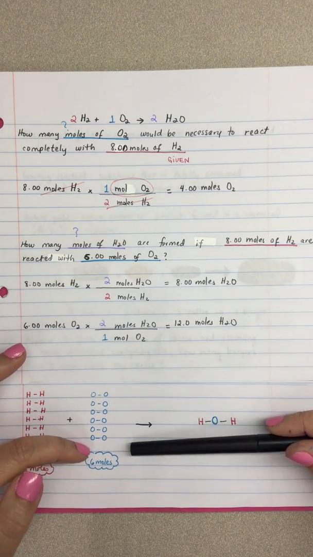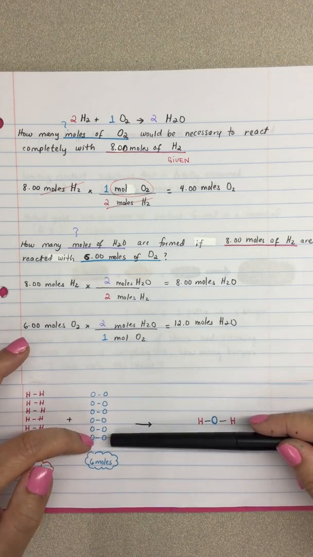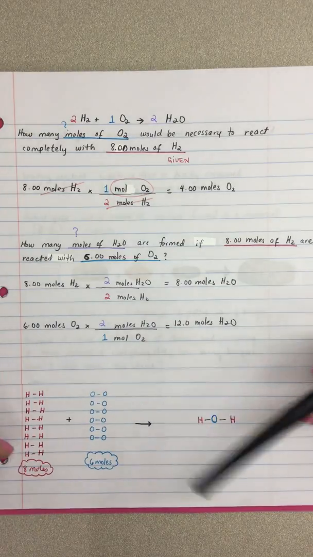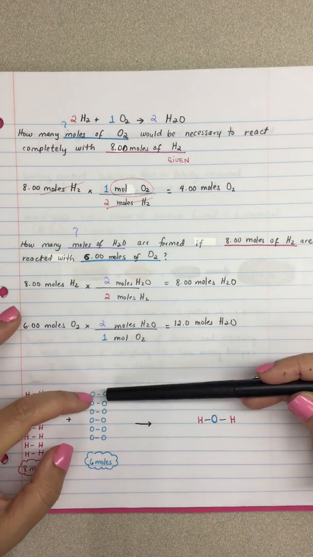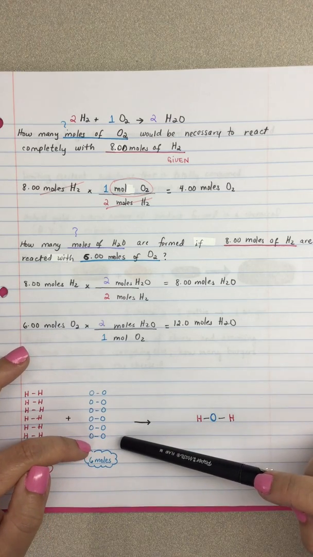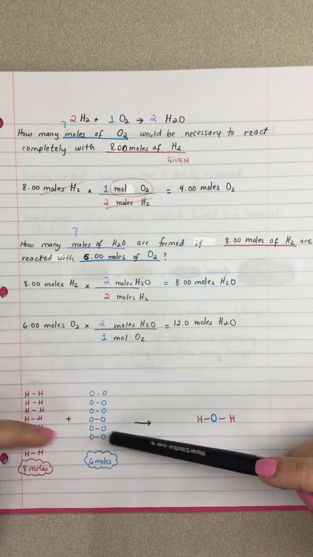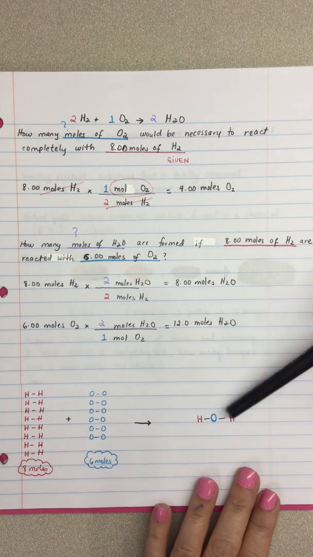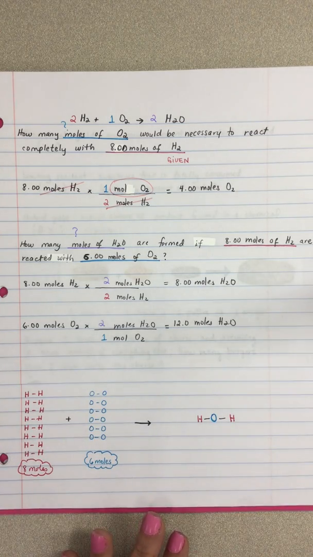With the oxygen, you can get 12 because you have 12 oxygen atoms, and in each water molecule, you need just one oxygen atom. But the hydrogen, for you to use all of these oxygen atoms, the 12 of them, you will need 24 hydrogens, because for every water molecule, you need 2 hydrogens.